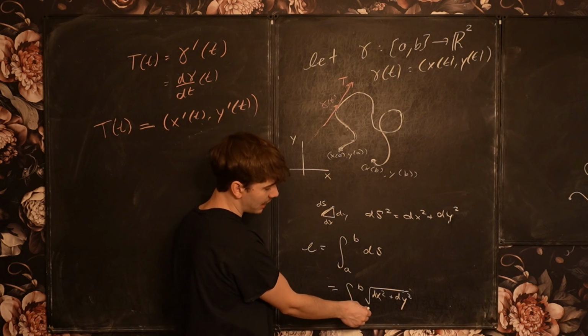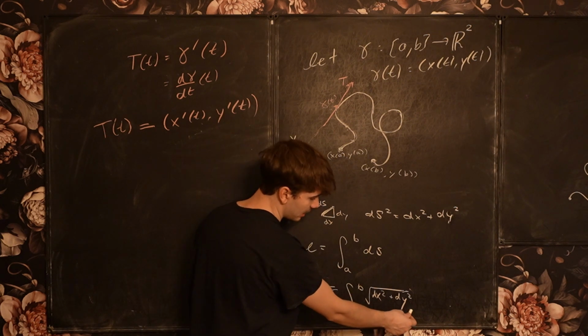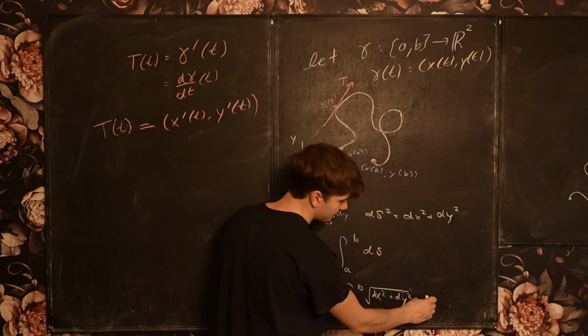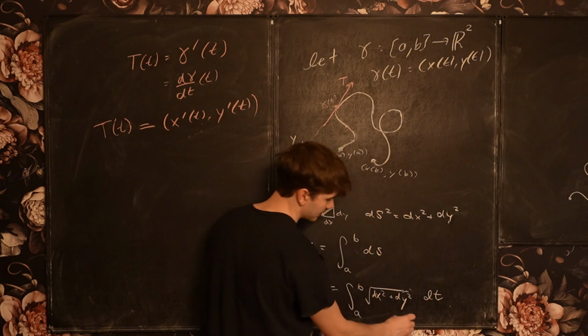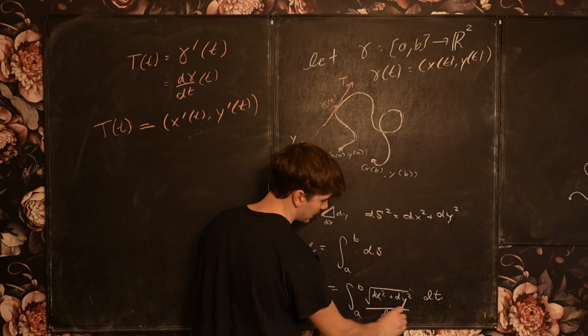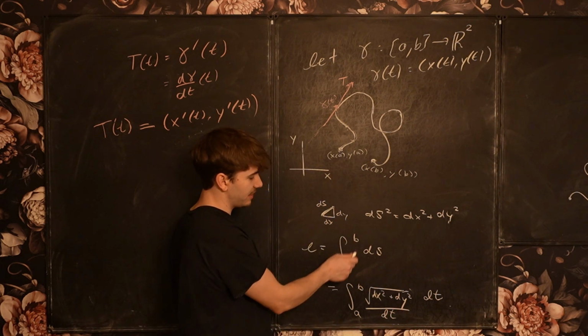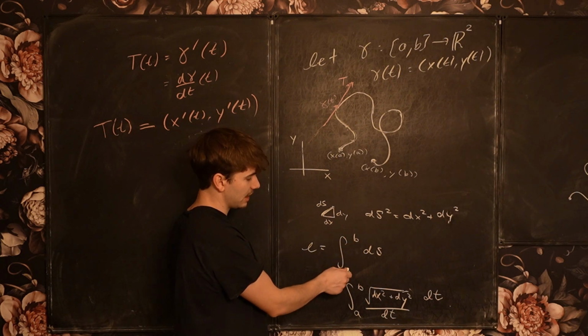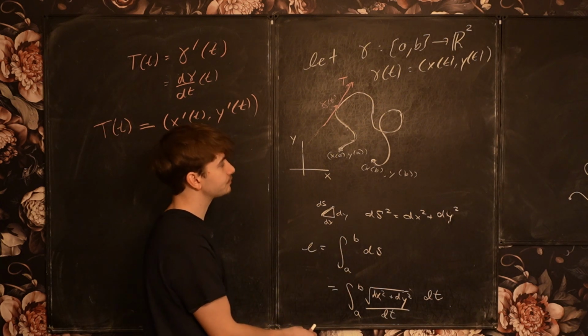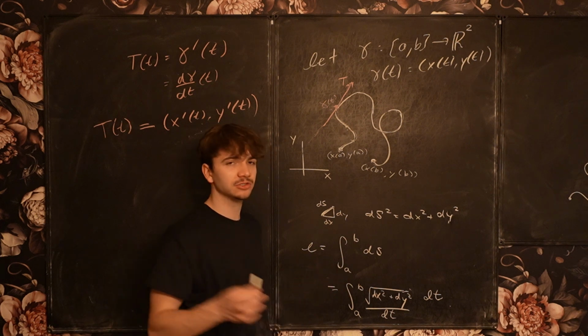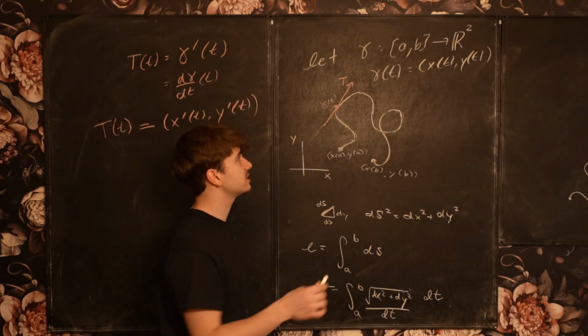And now I multiply and divide this expression by dt, okay? Now I should mention that a to b doesn't actually make sense here because a and b are the bounds of integration with respect to t, the parameterization t.